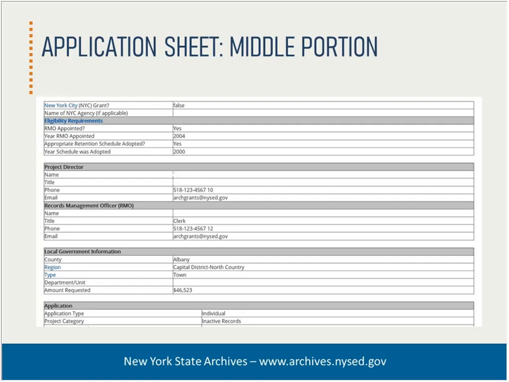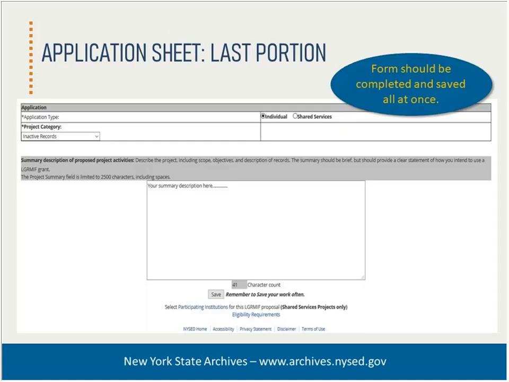The middle portion of the application sheet can be edited by you, the applicant, and includes contact information for your local government's RMO and project manager, as well as basic information about your local government, such as county, region, and the name of the department or the unit that's applying for the grants. The last portion of the application sheet asks you to identify the type of grant for which you're applying, so individual or shared services, and also the project category.